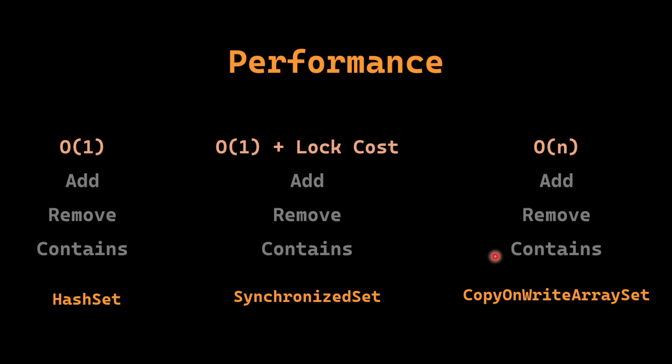For small sets or sets where contains is rarely called, this may be acceptable. For large sets or frequent contains checks, this can be a performance bottleneck. The right choice depends entirely on your specific access patterns.